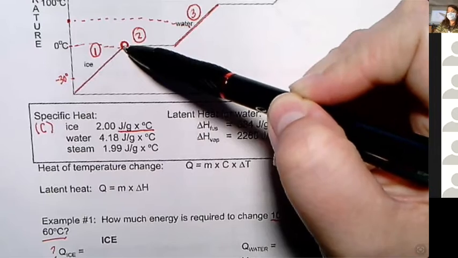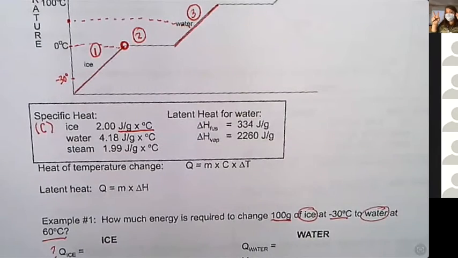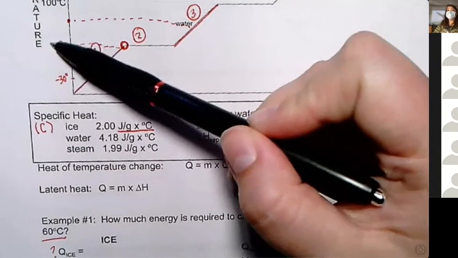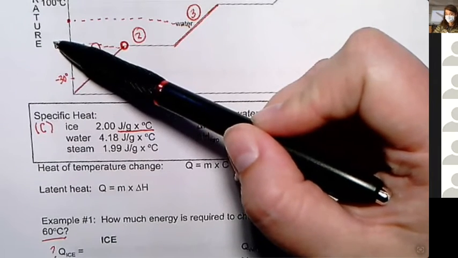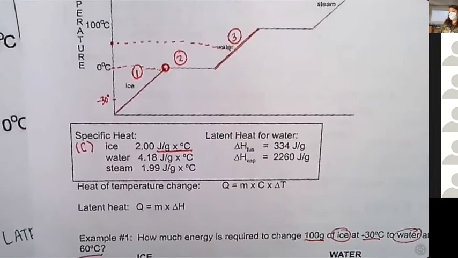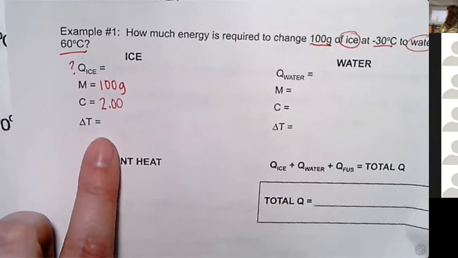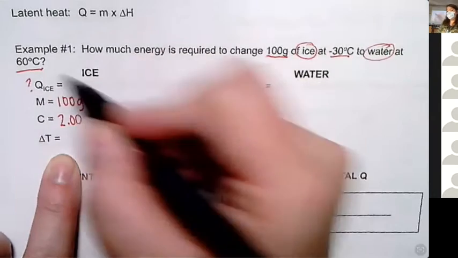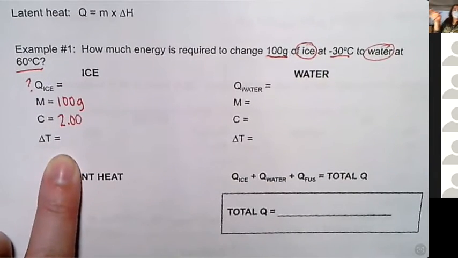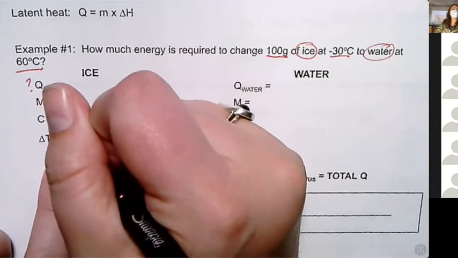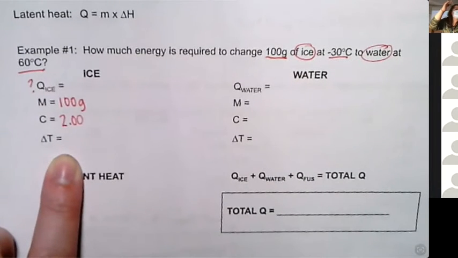Here's where things change. So our final temperature of the ice is going to be 0 degrees. So instead of doing 60 degrees, because it says that we went from -30 to 60, we have to do just the part up to the melting point. We started at -30 degrees, but the melting point of water is 0 degrees. So how much did the temperature change in between there? By how many degrees, if we started at -30 and we rose up to 0 degrees?